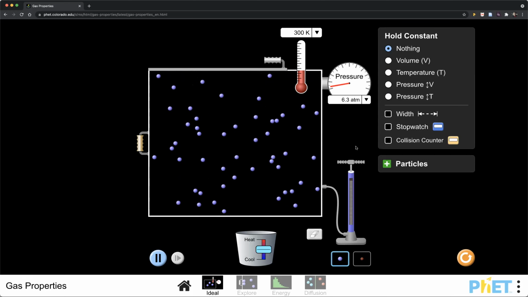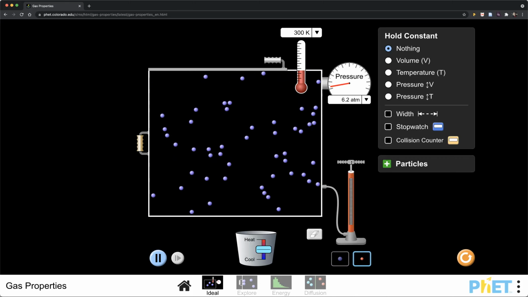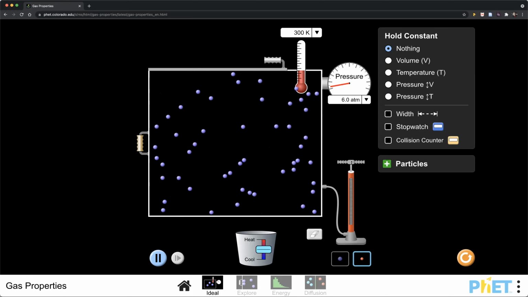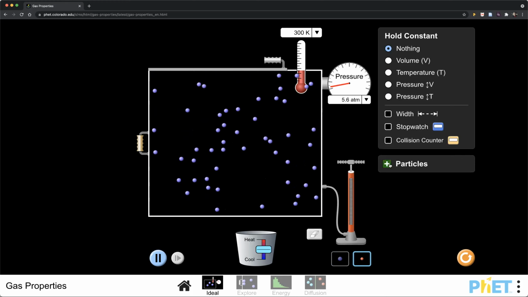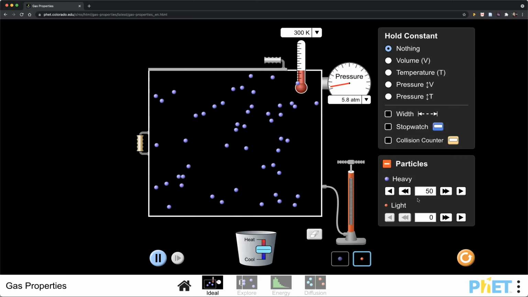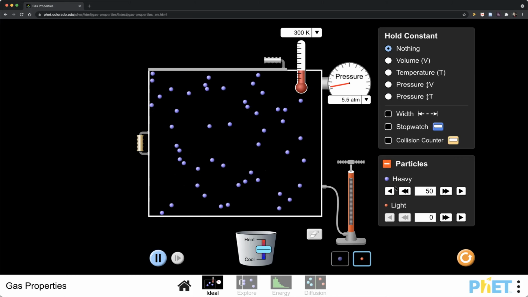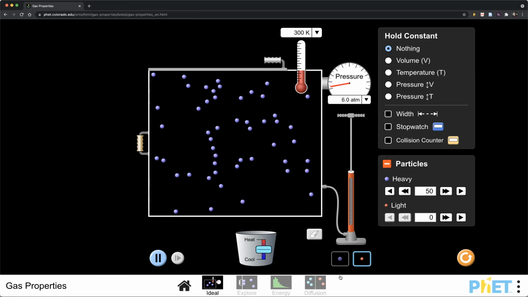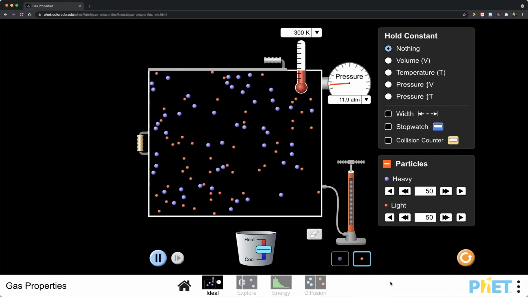I know it fluctuates. Now let me add in, and if we were to count it, there's currently 50 purple particles in here. Now let me get the red in. We're going to put in 50 red particles.